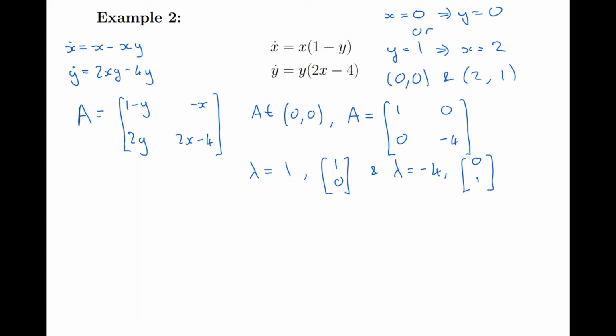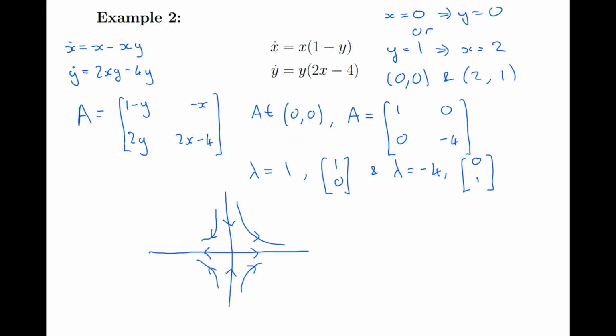So I can use that to draw the phase portrait near (0, 0). It must be moving away in this direction with eigenvalue 1, and down in this direction, and in between it must look like that.